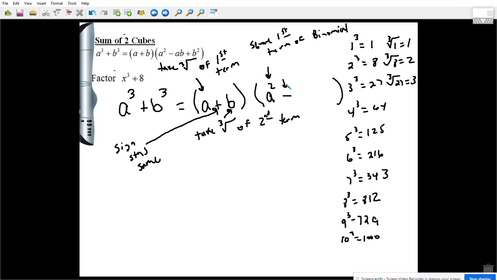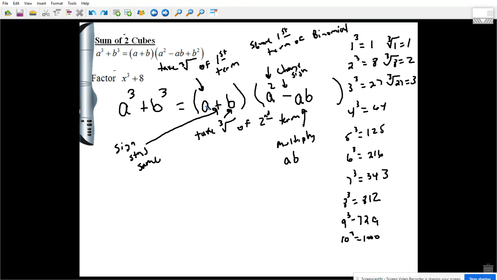We change the sign. We multiply a times b. Where did I get a times b from? It's this number and this number. I do not worry about the sign. The sign is already taken care of.